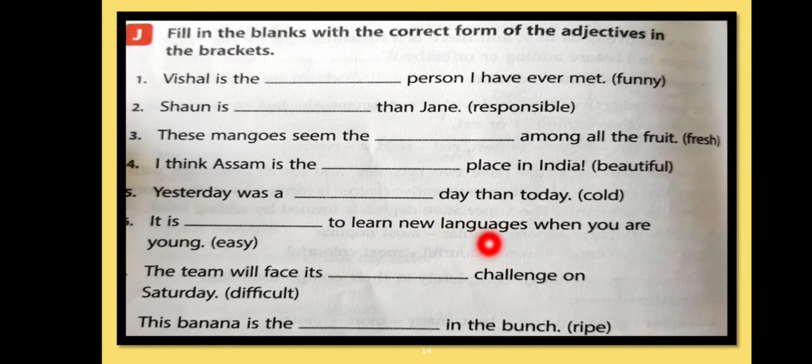Then, it is dash to learn new languages when you are young, in bracket easy. Here you can see there are no words like than or the, and no comparison words, so we can use positive degree. It is easy to learn new languages when you are young.